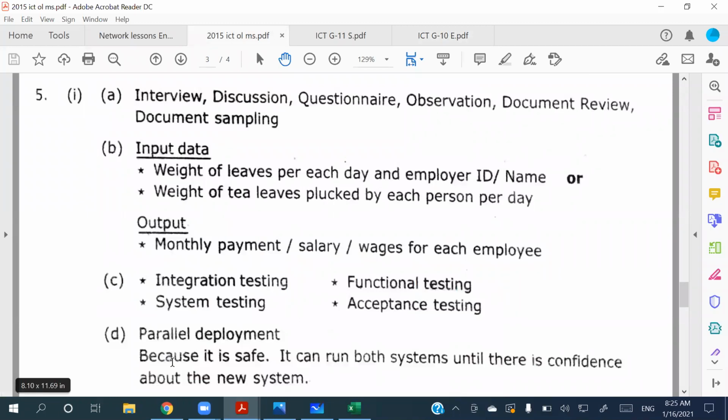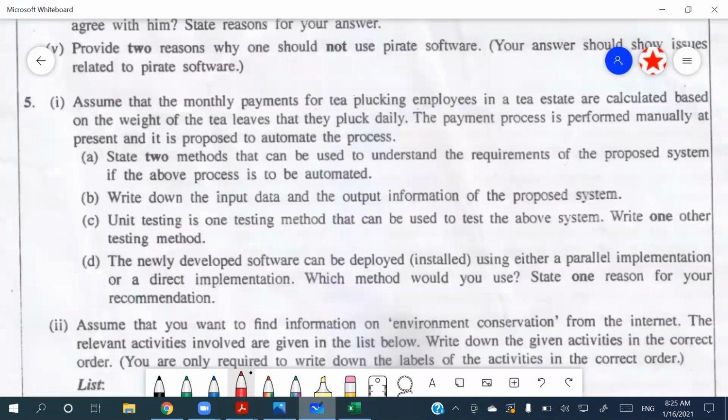And part B. Part B is asking to write down the input data and the output information of the proposed system. Now let's go through the question again. Assume the monthly payment for tea plucking employees in a tea estate is calculated based on the weight of the tea leaves that they pluck daily.